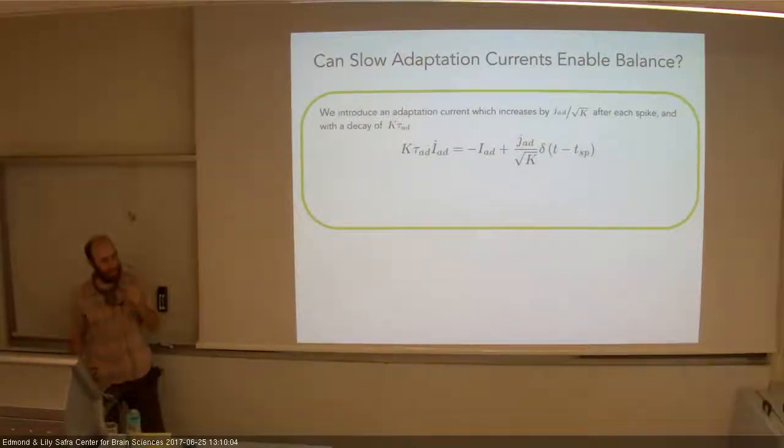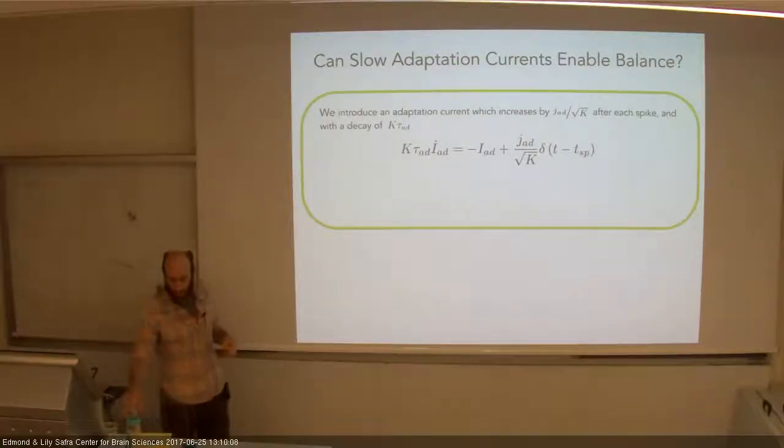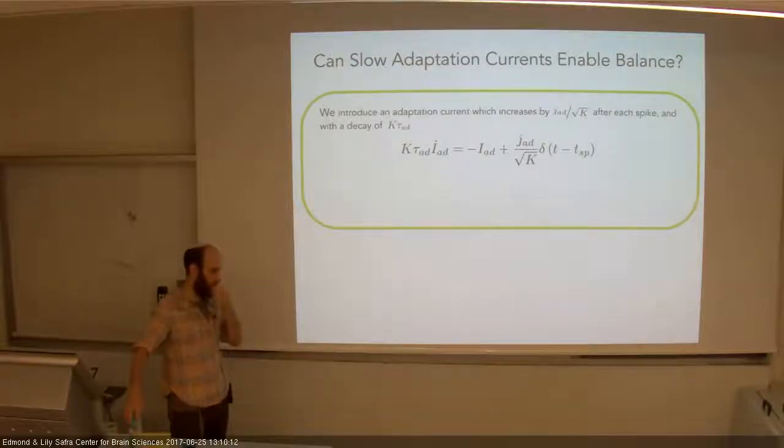Question? Yeah. Slices. So you take a slice, you inject current to the neuron. This model predicts that time scales of a second will be almost independent of the input, right?